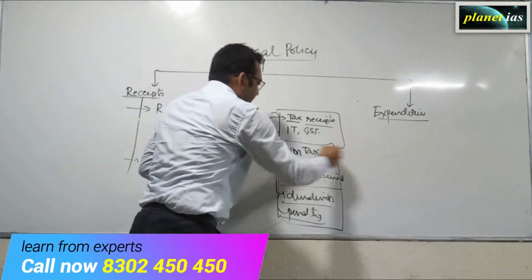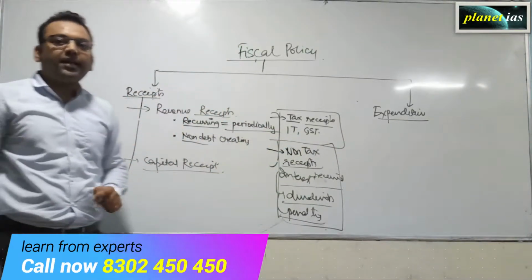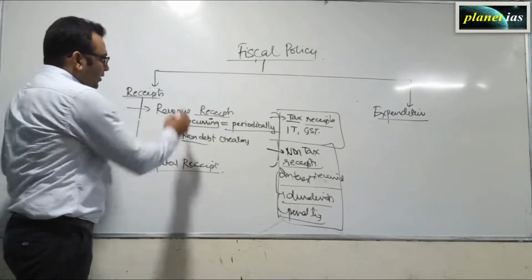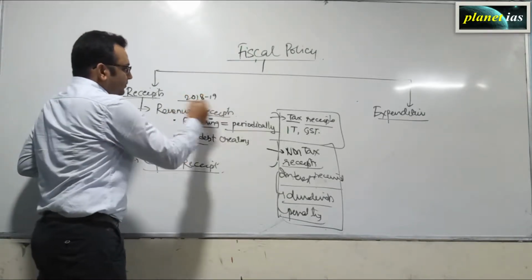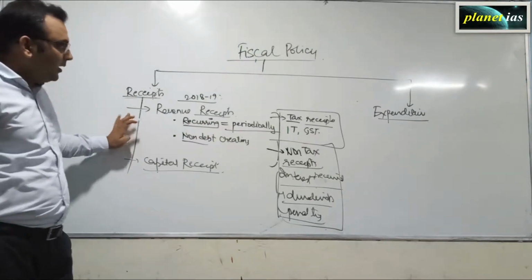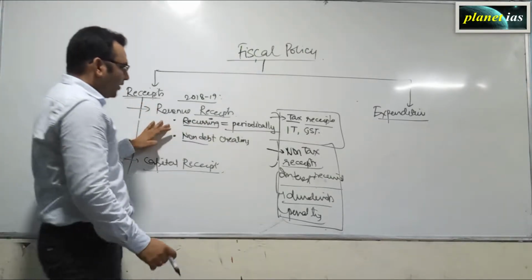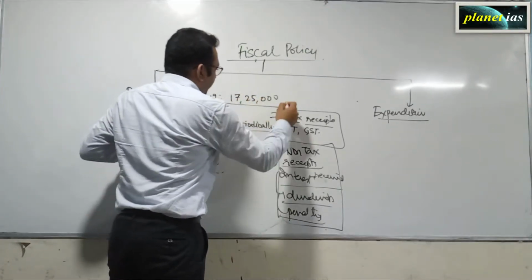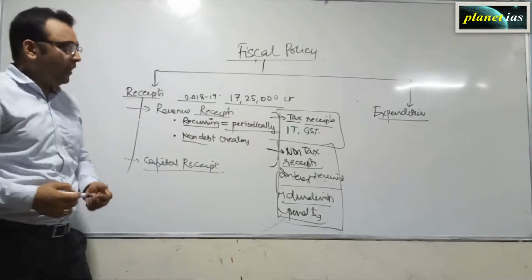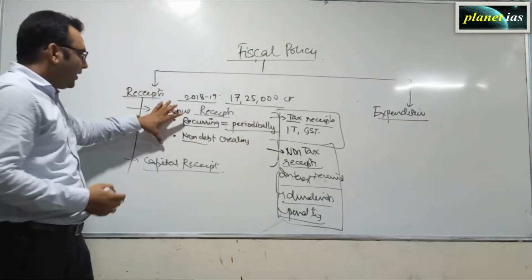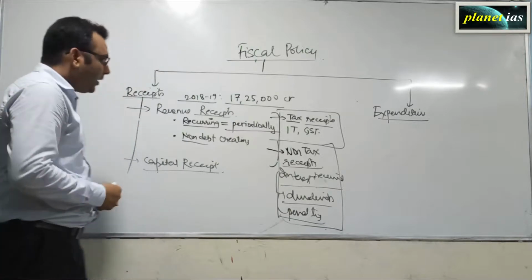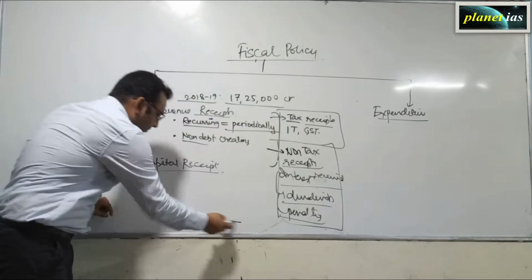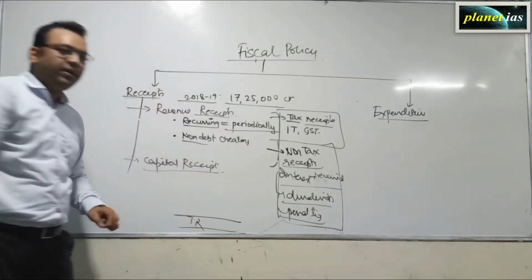Along with the tax receipt, they collectively make the revenue receipt. As per the budget 2018-19, the government plans to receive approximately 17,25,000 crores of the revenue receipts, right? When you add this capital receipt to this receipt, it becomes the total receipt of the government.